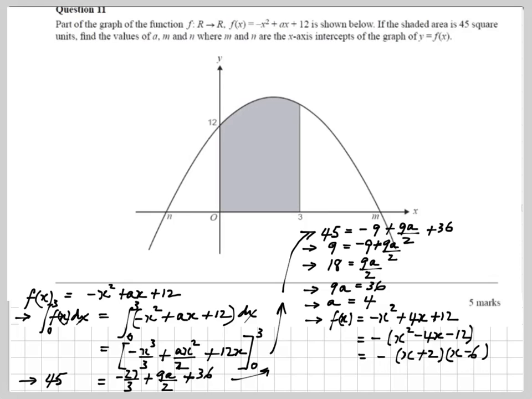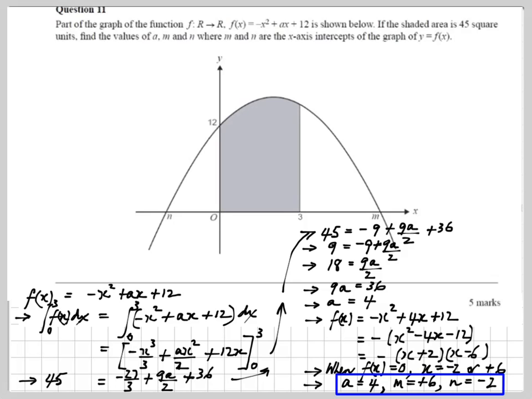So therefore, our intercepts are -2 and +6. So therefore, it looks like n is -2 and m is +6. Get them in the right order. Don't mess that up now that we've gone this far. Yes, A is 4, M is +6, N is -2, and Bob's our uncle.